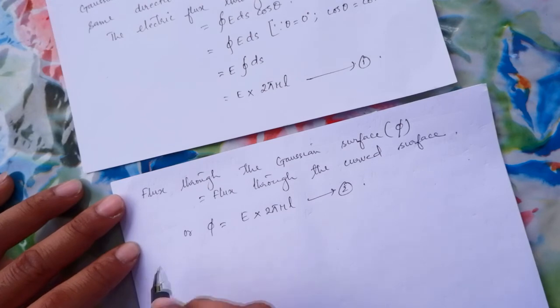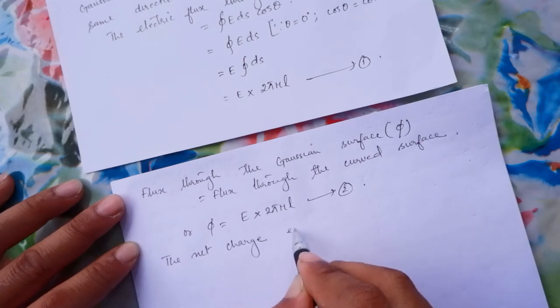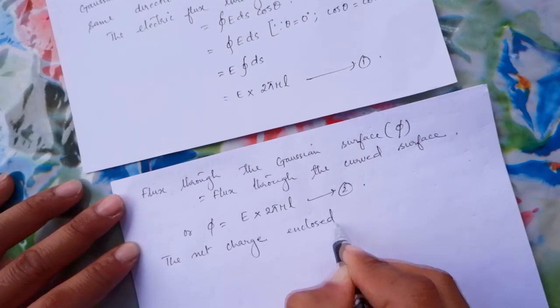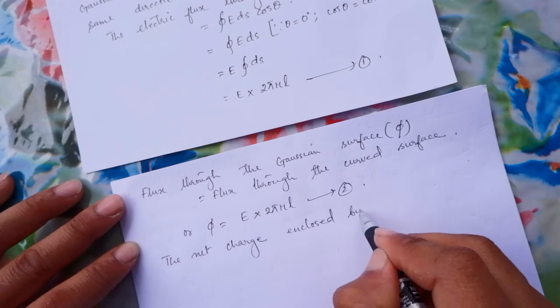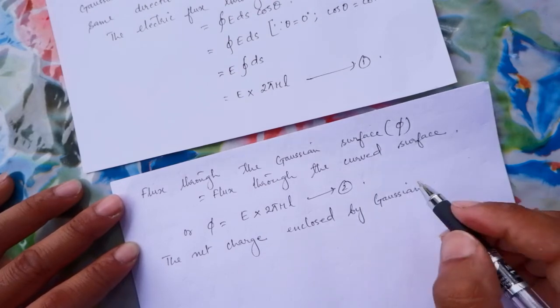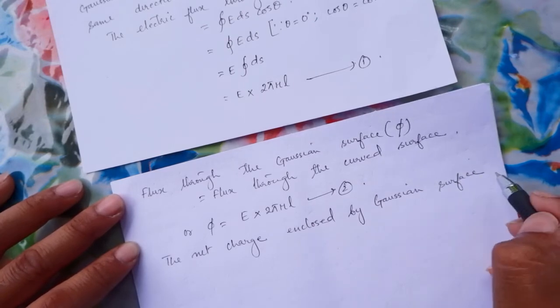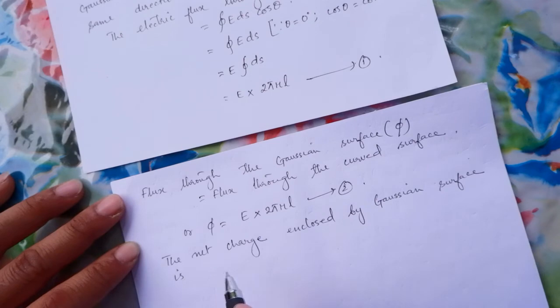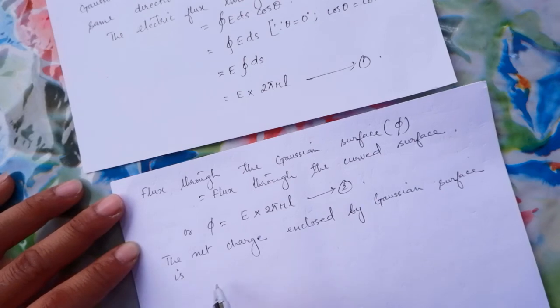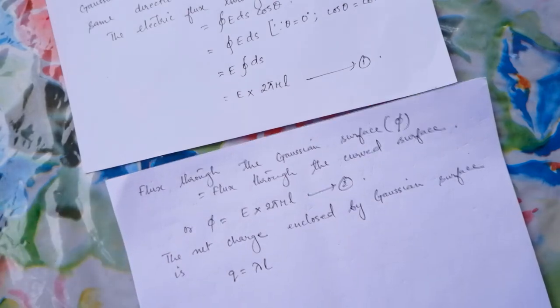The net charge enclosed by the Gaussian surface is Q equal to lambda L, since lambda is the charge per unit length and L is the length.